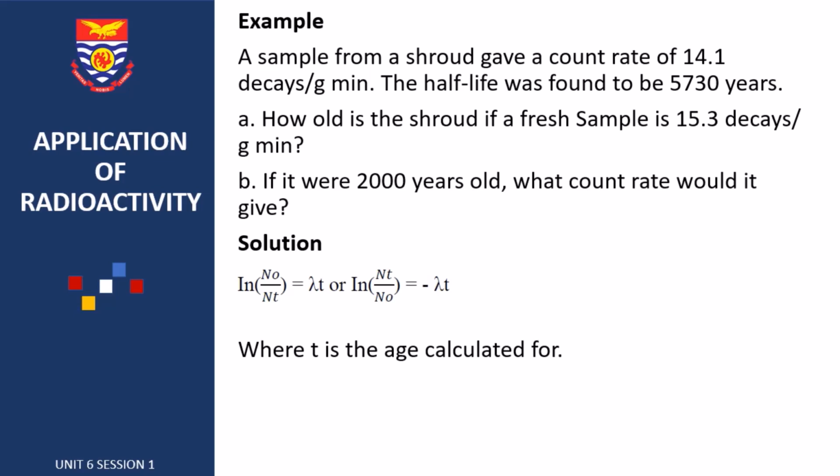Now, to address this problem, we need to calculate an age. We need the value of N naught over N. This is the ratio of the count rate of the fresh carbon sample divided by the count rate of the old sample.